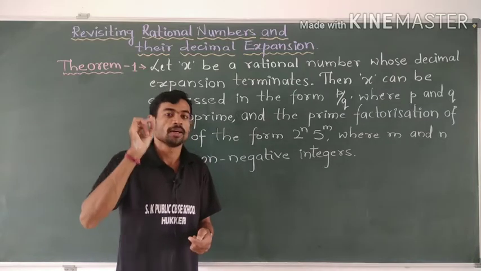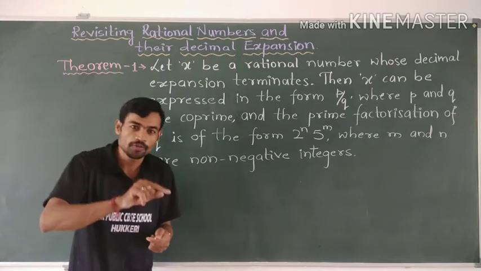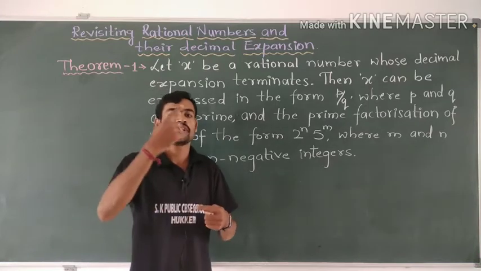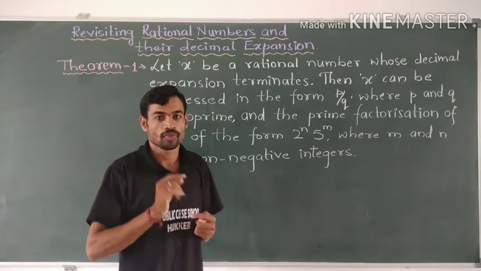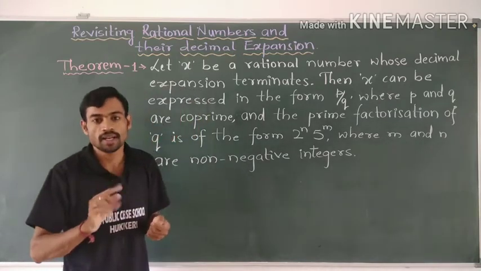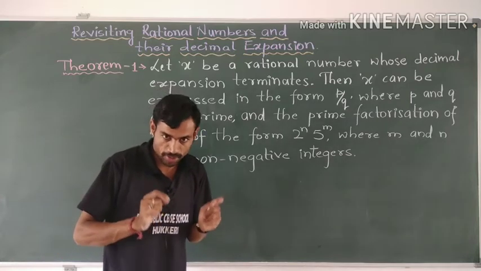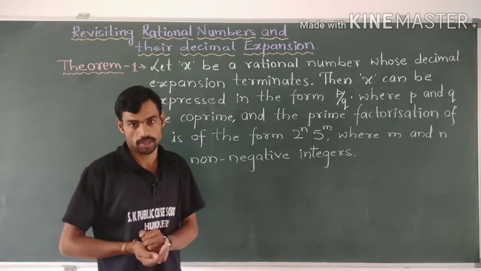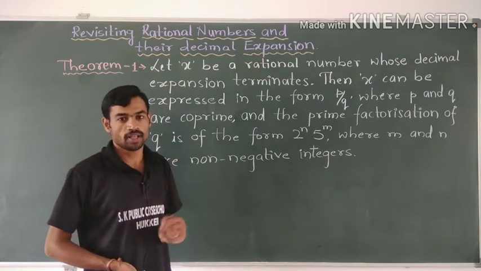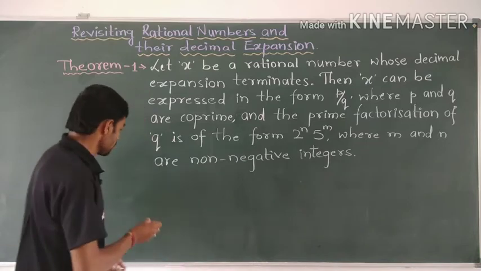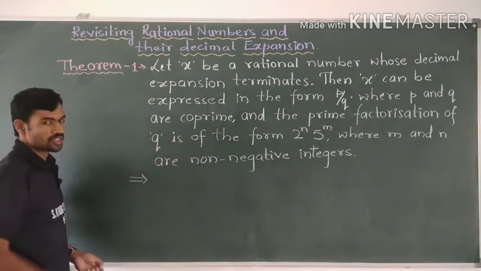Then the prime factorization of q is of the form 2 to the power n into 5 to the power m, where m and n are non-negative integers. It means they are whole numbers. Clear? This is the first statement.